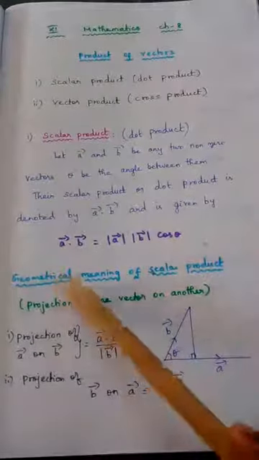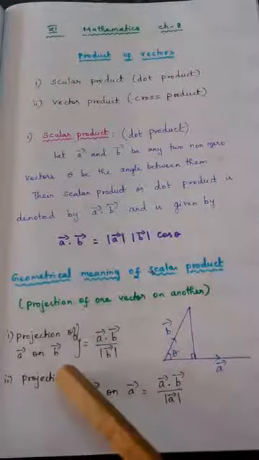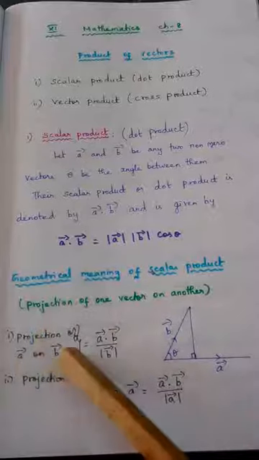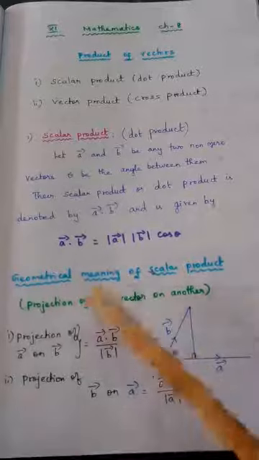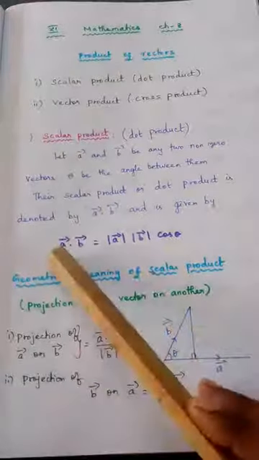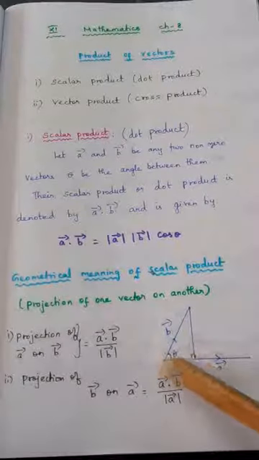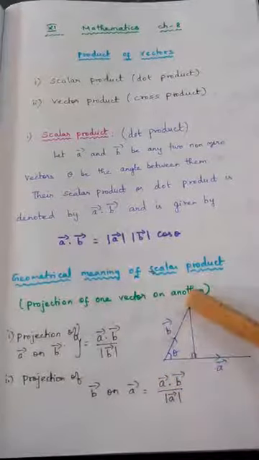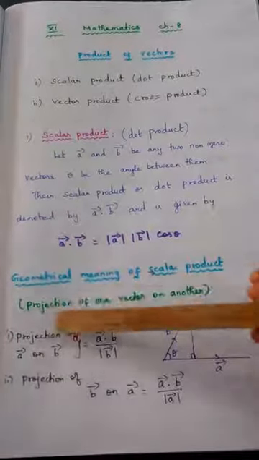Now we will see the geometrical meaning of scalar product, which is nothing but projection of A vector on B vector or projection of B vector on A vector. So geometrical meaning is this. What is the meaning of telling A vector dot B vector? If suppose this is A vector and this is B vector, this dot product gives the meaning of projection.